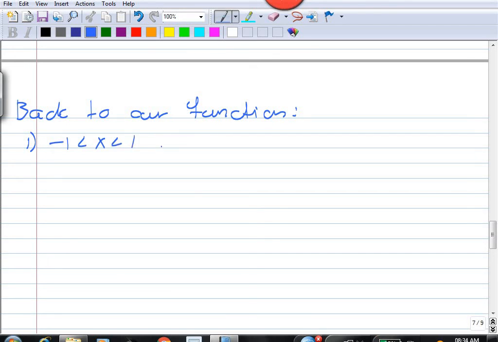So let's go back to our case. So back to our function. Well, there's a couple of things to note here. Firstly, that for x between minus 1 and 1, the derivative is negative, as we've seen before, which means our function is decreasing.